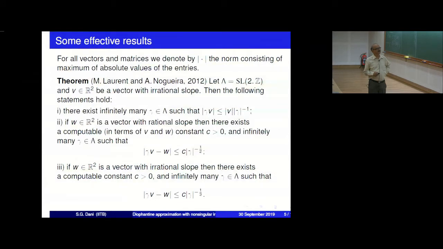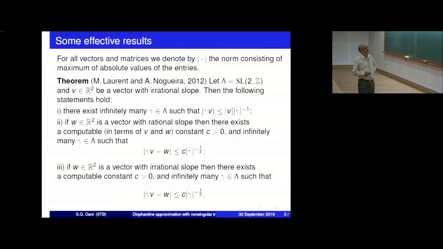So if you wish to have an approximation of the order of epsilon, if you want to make this less than epsilon, then gamma needs to be only of the order of 1 over epsilon. You don't have to go beyond that.